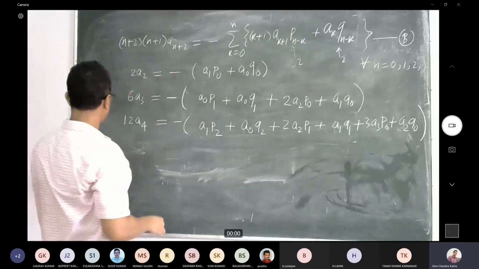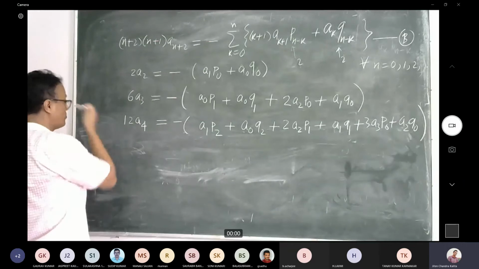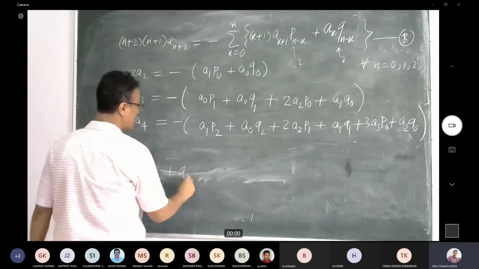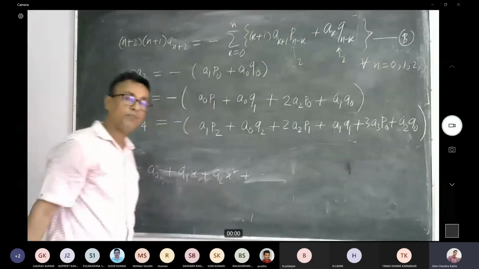So then what is going to happen? Whatever may be the case. See, I have assumed that y equal to a naught plus a1x plus a2x squared and so on. Fine?